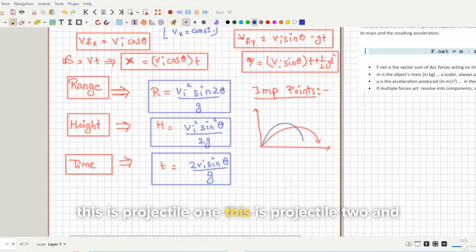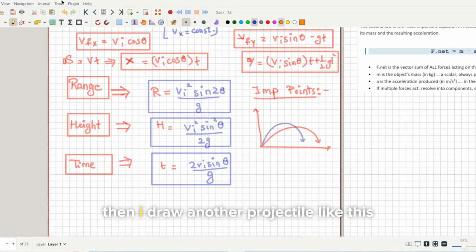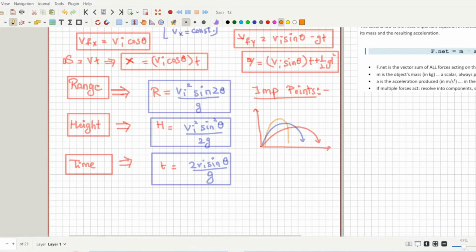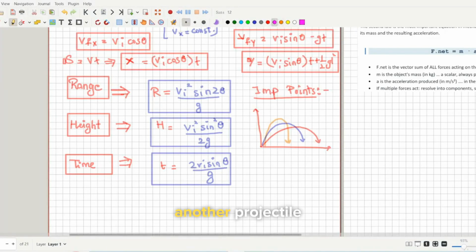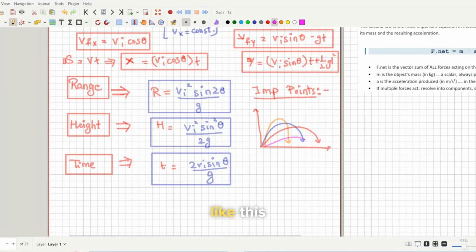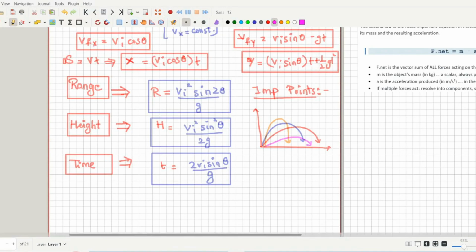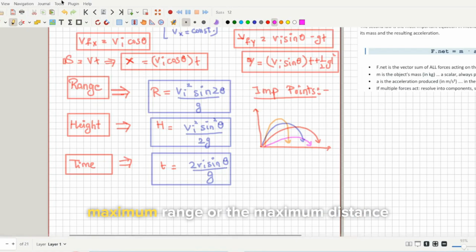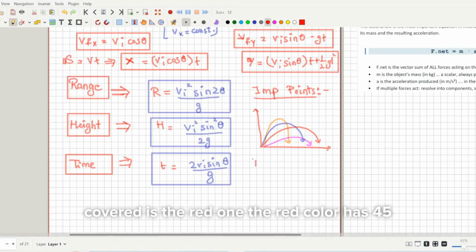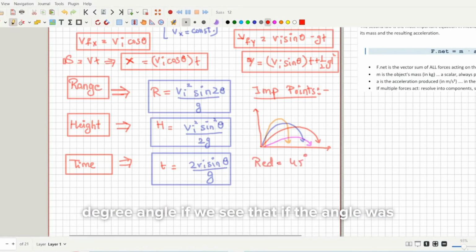This is projectile 1, this is projectile 2, and then I draw another projectile like this, another projectile like this. As you can see, the projectile that has the maximum range or the maximum distance covered is the red one. The red color has a 45-degree angle.